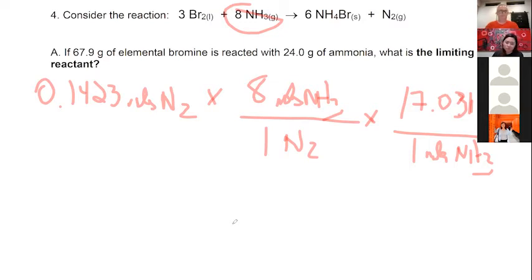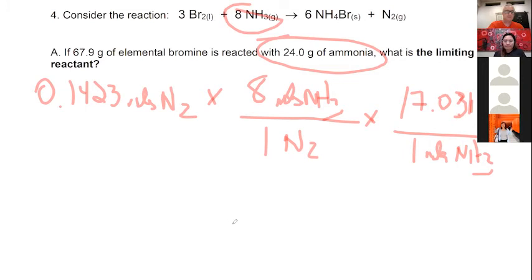Since the limiting reagent is whatever the number is for bromine, the smaller number. Yes. Why? I would think you would use, because it's the excess reactant for question B, whatever is the higher number. Yeah, that's what I'm figuring out. I'm figuring out how much ammonia was used in the reaction.